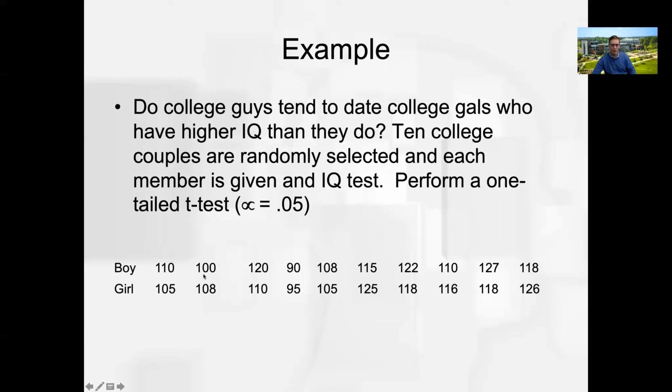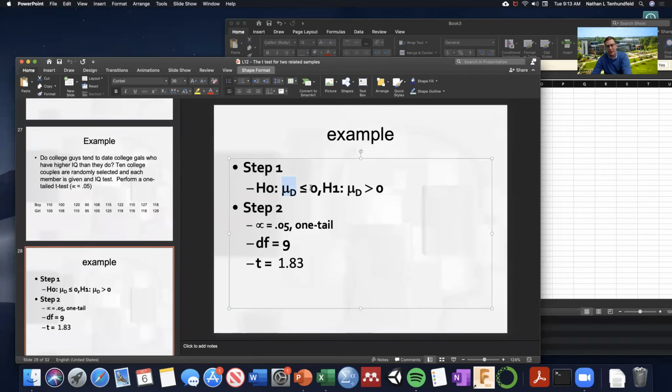All right, so the first thing is to establish what is the null hypothesis. Right? So the null hypothesis is that the mean of difference scores is going to be less than or equal to 0. So the null hypothesized value is that these difference scores indicate that the girlfriends are as smart or less smart than the guys.